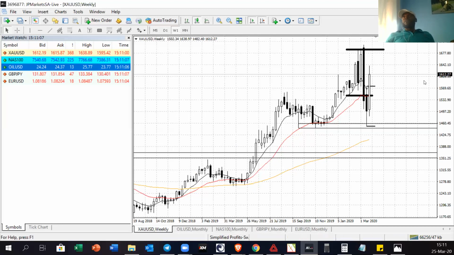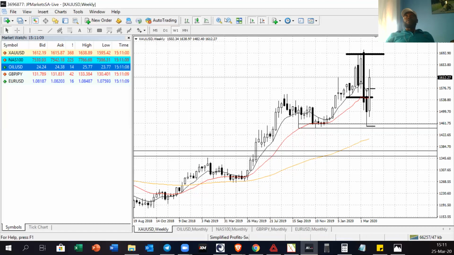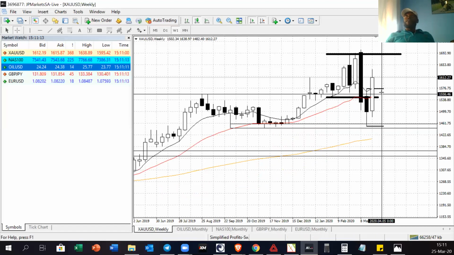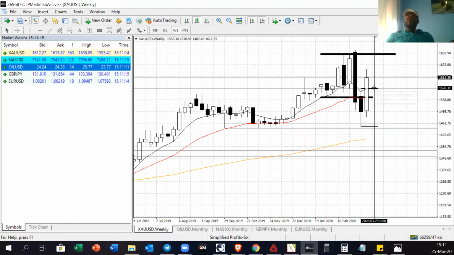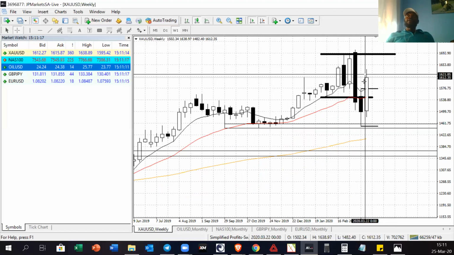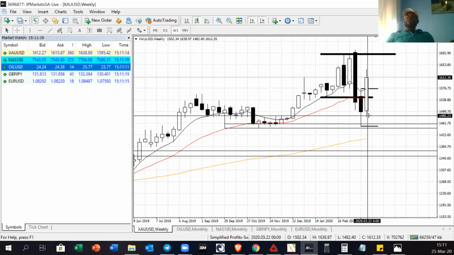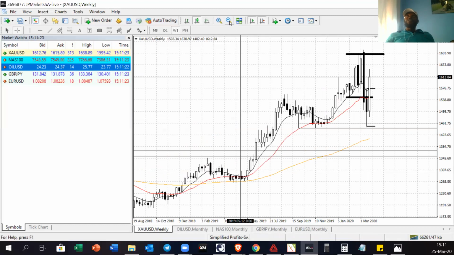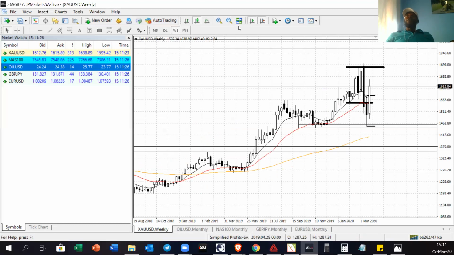And then we also get information on what's happening right now. We have broken last week's high. So we have made a higher high and a higher low, which is very, very interesting news, because ideally all we're looking for in a bullish market is higher highs and higher lows.